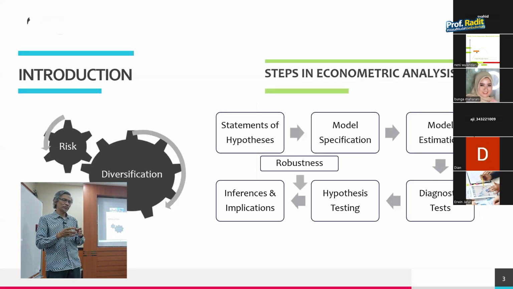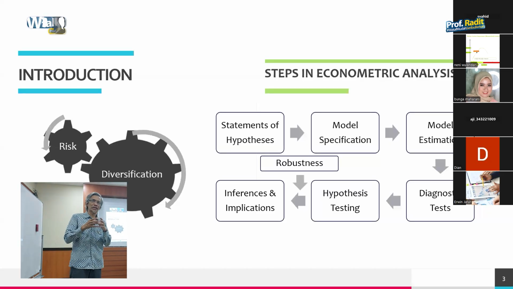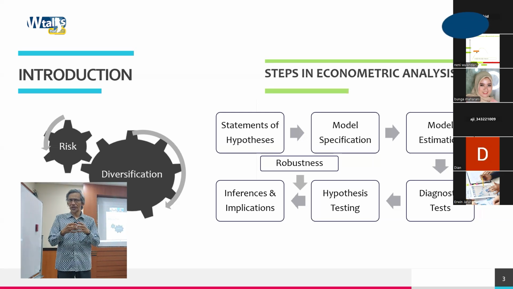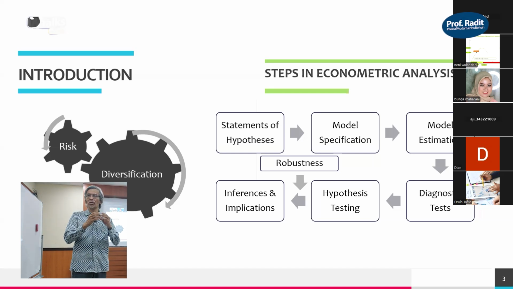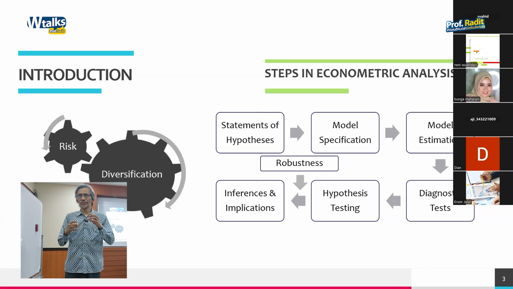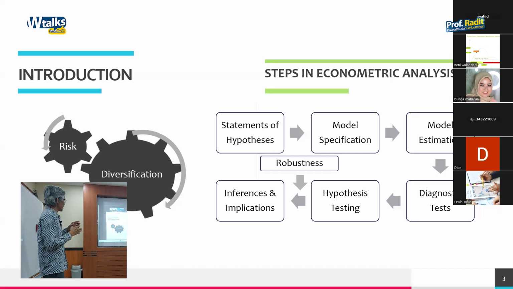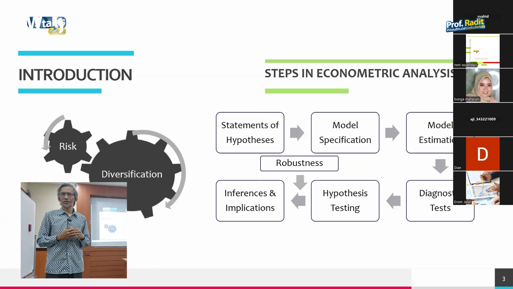When we perform data analysis using econometrics, we have to go through steps. And these steps that I have mentioned are very important, whatever modeling you do, you have to go through these steps, right? The first step is the statement of hypothesis.